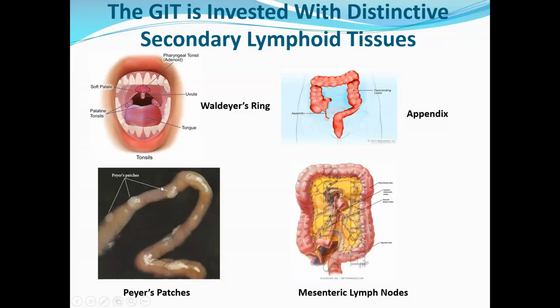Lining the small and the large intestine are specialized lymph nodes known as Peyer's patches. These contain your classical B cell follicles, T cell zones, dendritic cells, and so on. And then at the end of the gut, you have the appendix, which is another specialized structure, and this is filled with microbes.